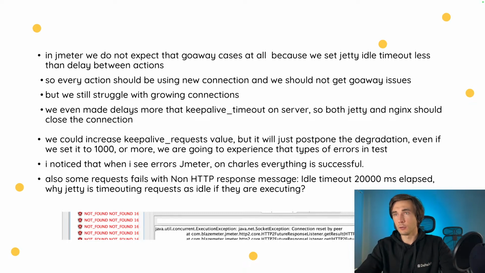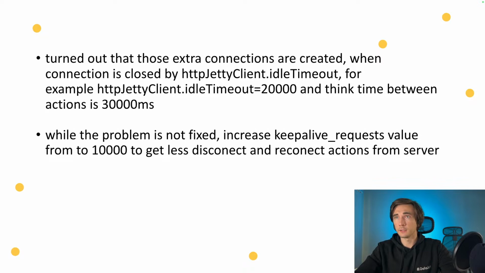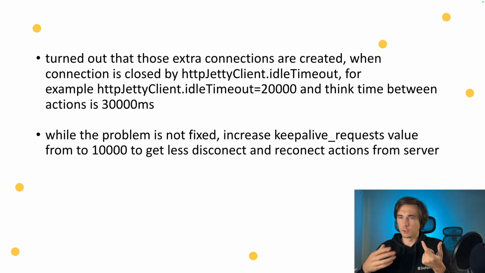It's not logical. And actually, it turned out that the main cause of the extra connections created is those idle timeouts. I was trying to reduce the number of GOAWAYs, because I want my client to close the connection, not have the server force it to close, so we don't have these errors.